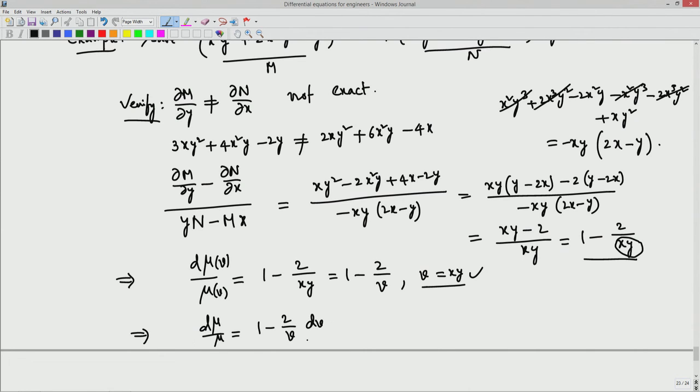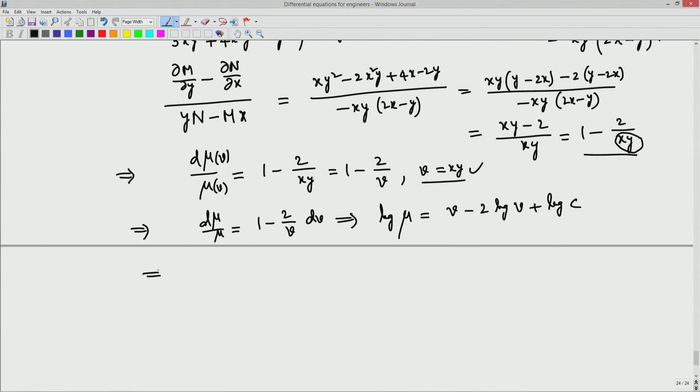So the variables are separated, the variables are μ and v. So this I can easily integrate to get log μ equal to v minus 2 log v, plus log c.